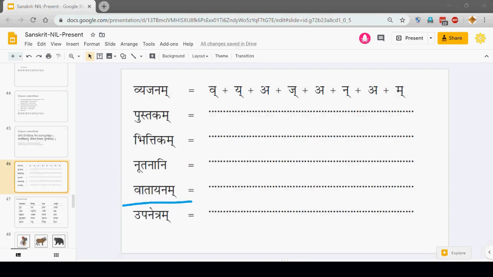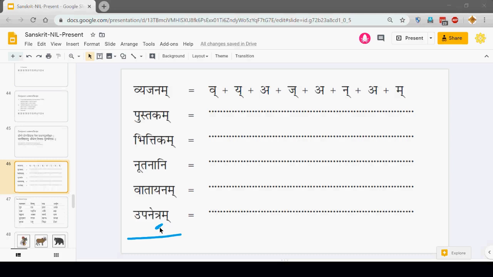Okay, next. Vatayanam. Good. Vatayanam is window. The last one, Upanetram. So the thing to note here is the special symbol for tra.